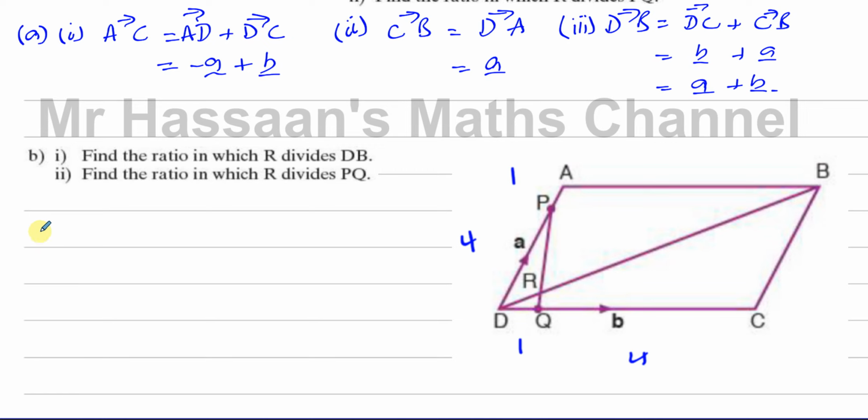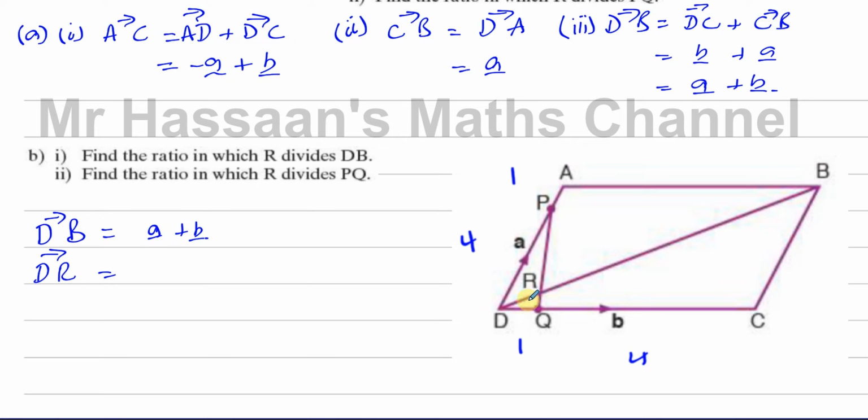So first of all, let's take D to B. D to B, as we said, is the vector A plus B, or B plus A. We know that from our previous answers. And let's take the vector from D to R. D to R is a fraction of D to B. It's in the same direction as D to B, along the same line, but it's not the same length.